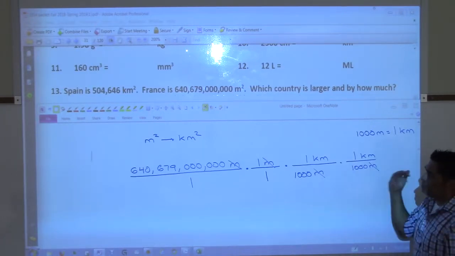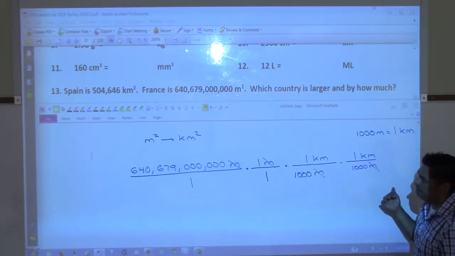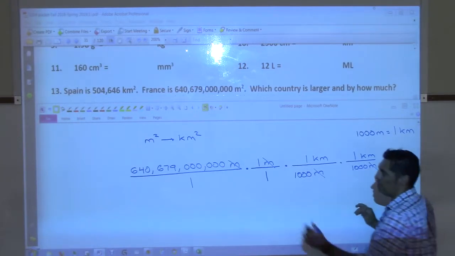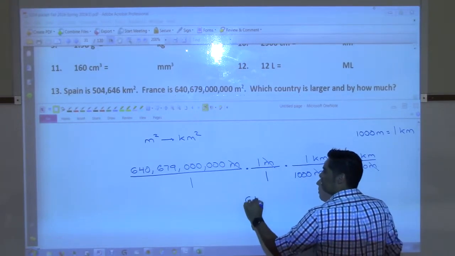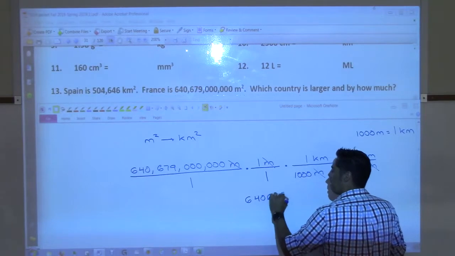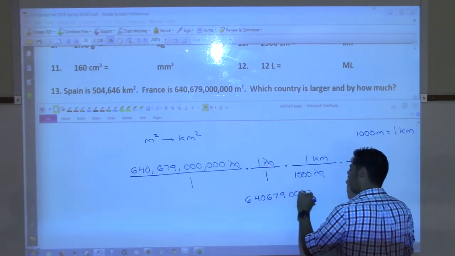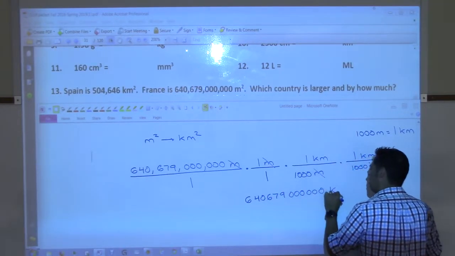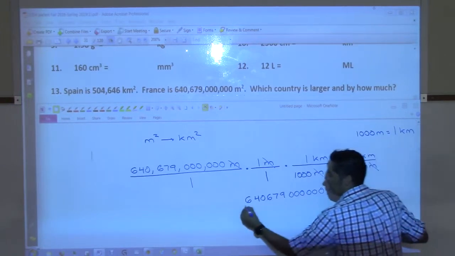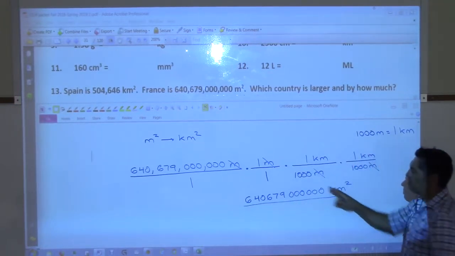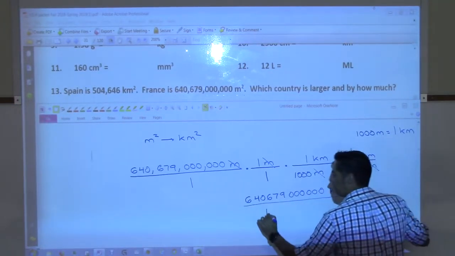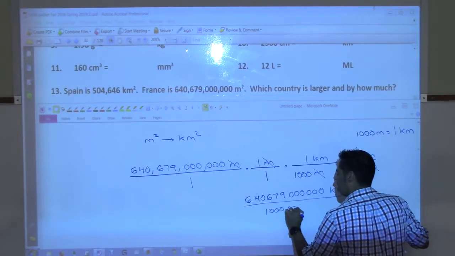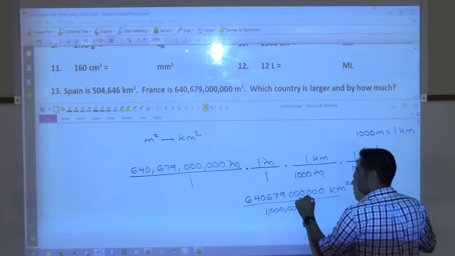So now you can multiply straight across if you want, right? If we do this straight across, we should get 640,679,000,000 kilometers squared divided by, and if you do 1,000 times 1,000, you should get 1,000,000.